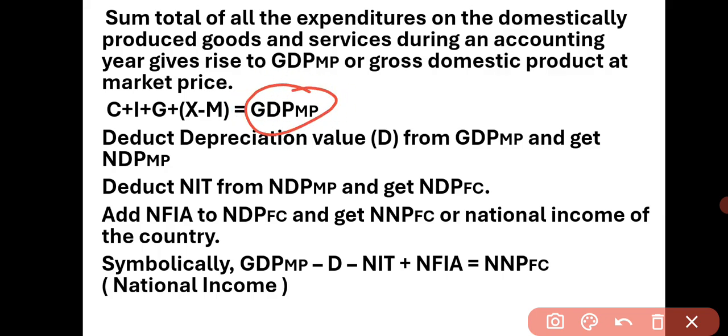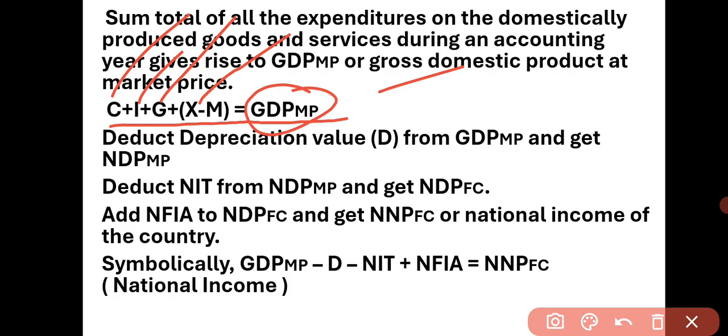You see, C plus I plus G plus X minus M. Household consumption expenditure, investment expenditure, government's expenditure on goods and services, and net export demand, that is export minus import, that is the 4 are included. When we add all these 4, C plus I plus G plus X minus M, it will give rise to GDPMP, gross domestic product at market price.